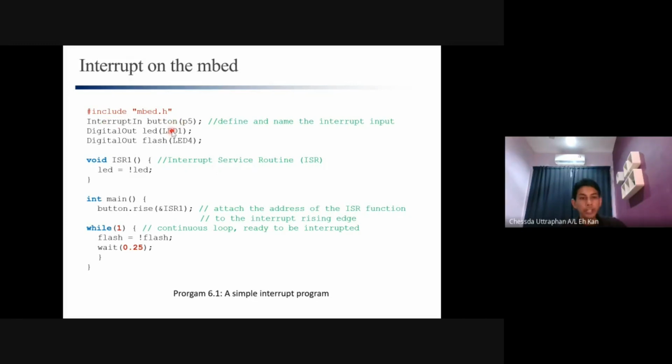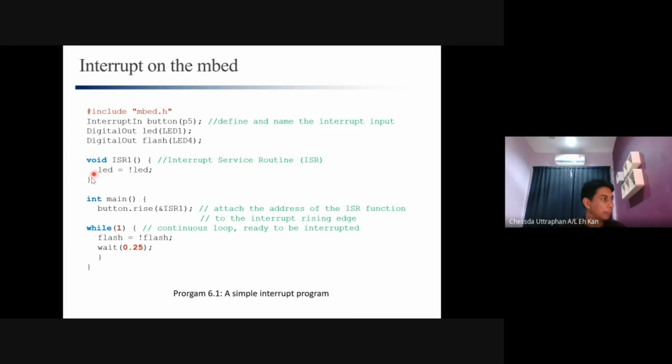P5 we declare as InterruptIn, named button, and we have two DigitalOut, the first one is LED1, the second one is LED4. These are the built-in LEDs on your Mbed microcontroller. And this is how we write the interrupt service routine. You need to write an interrupt service routine in another function in your program, just like a subroutine.